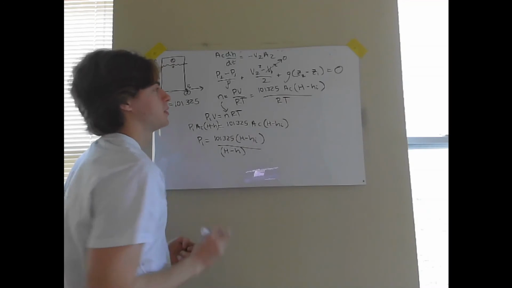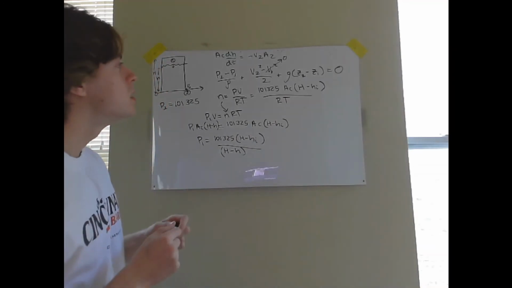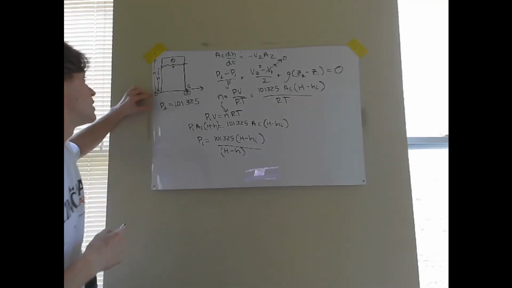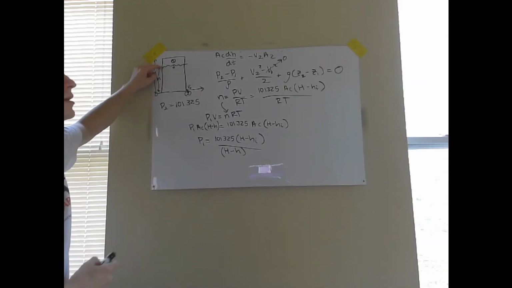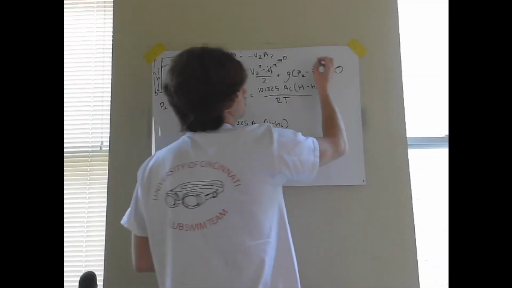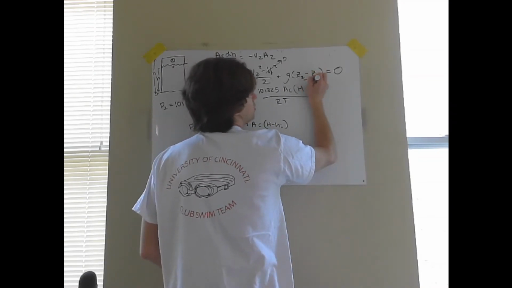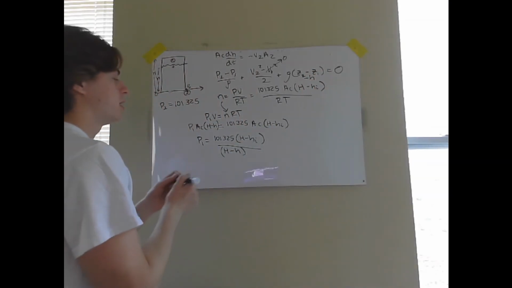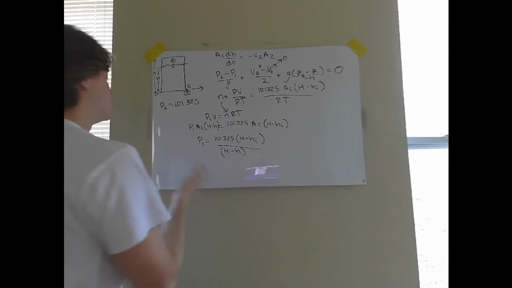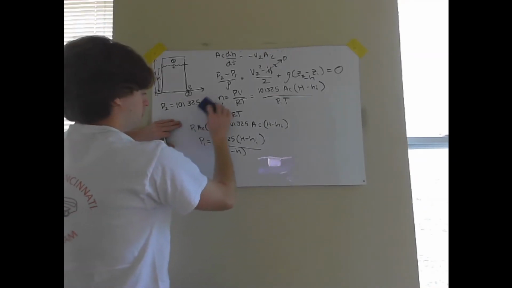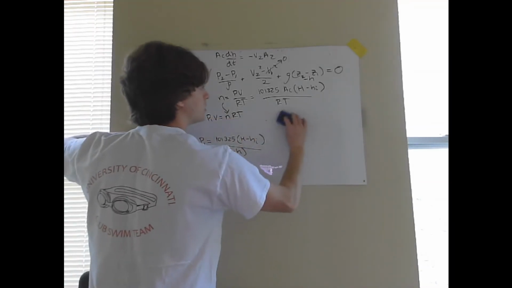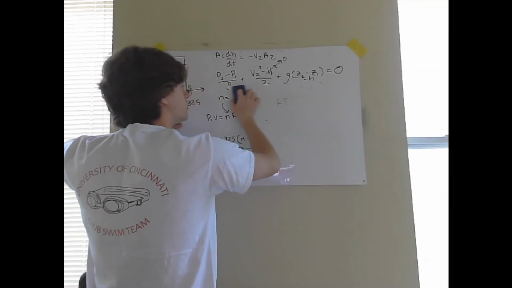Again, we can use the idea that our zero point is at the bottom of the tank, and h is the height of the fluid, so this term just becomes 0 minus h. Now we can plug all of this into our equation. I'm going to erase some of this so I have room to do it.